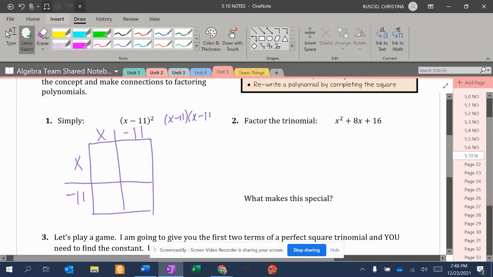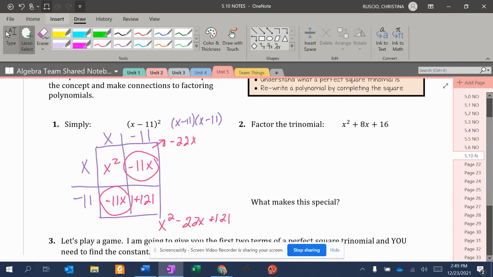If we multiply it through, we get x squared minus 11x minus 11x plus 121. If we group our like terms together, we get negative 22x. So that was fun. x squared minus 22x plus 121.